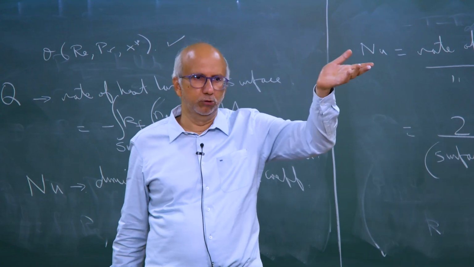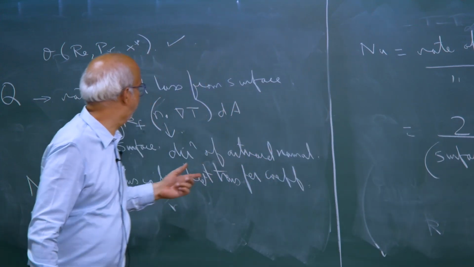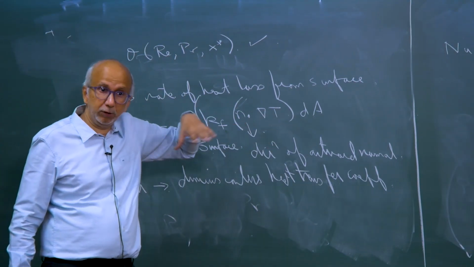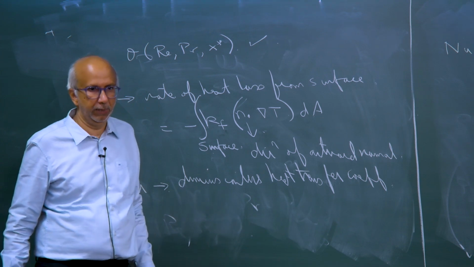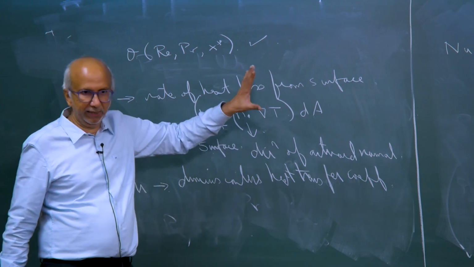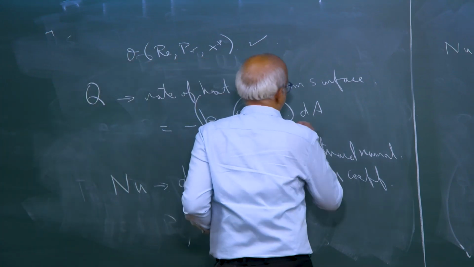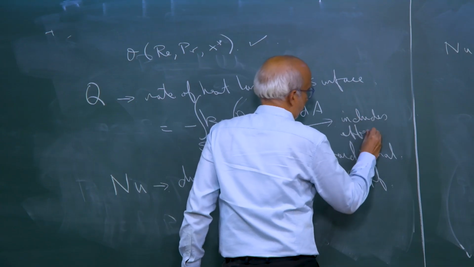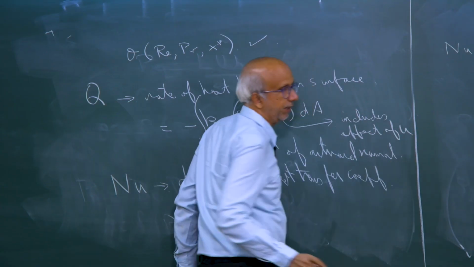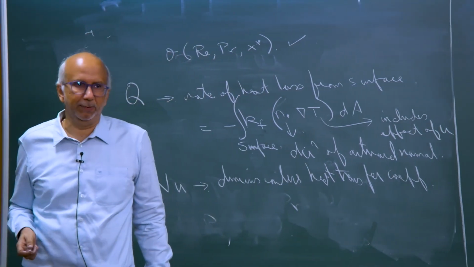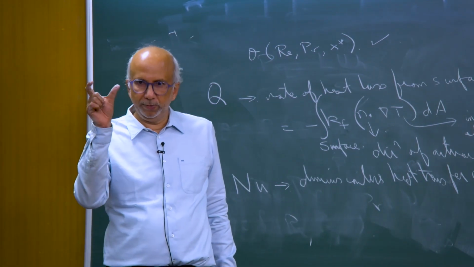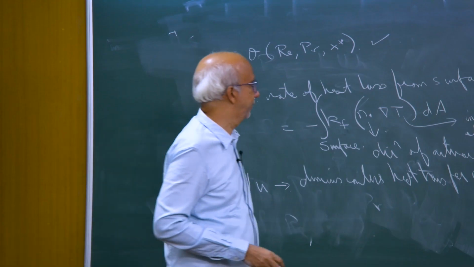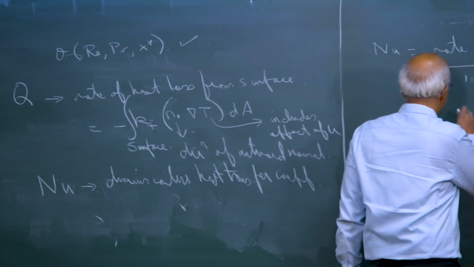You find the temperature solution, and once you find the solution for theta, you substitute it here, because that solution includes the effect of convection, the effect of U, since I am solving the energy equation to get that temperature. So the numerator has the convective effect, the denominator has only the conductive effect, and that is what I get.